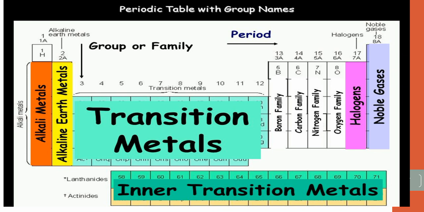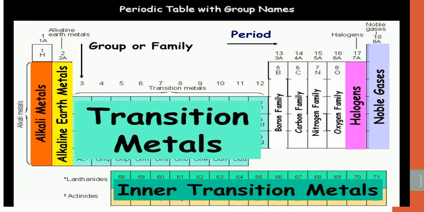Group 3A is the boron family, 4A is the carbon family, 5A is the nitrogen family and 6A is the oxygen family, and the 7A group is known as halogens and 8A are noble gases.